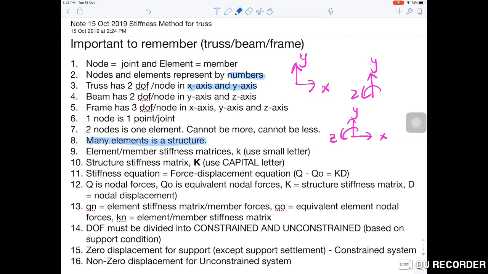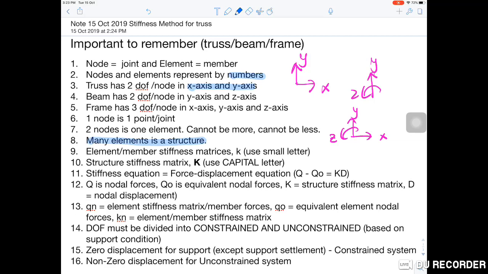For example, if a truss has 3 nodes, 3 times 2 means the truss has 6 degrees of freedom in total, and the size of the stiffness matrix is 6 by 6.